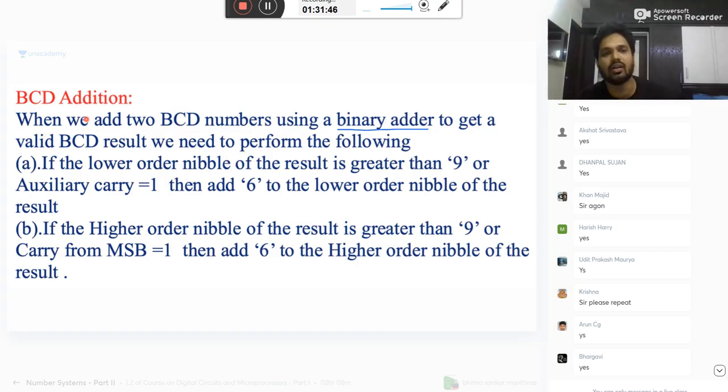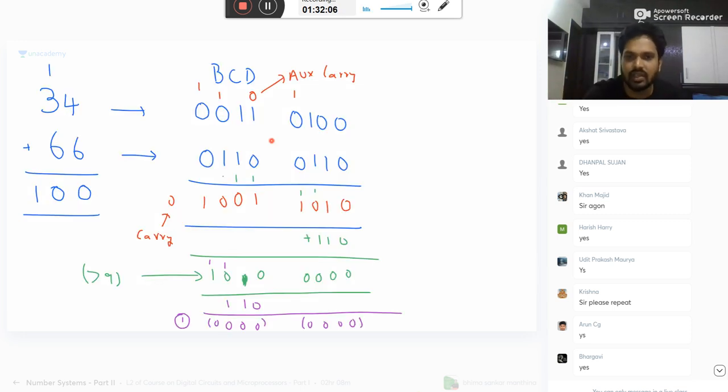Okay, please listen. We need to add two BCD numbers using a binary adder to get a valid BCD result. What we need to perform? If the lower order nibble, meaning the 4 bits, is greater than 9 or the auxiliary carry is equal to 1, if any one of these conditions is satisfied, then add 6. After adding, check the lower order nibble.